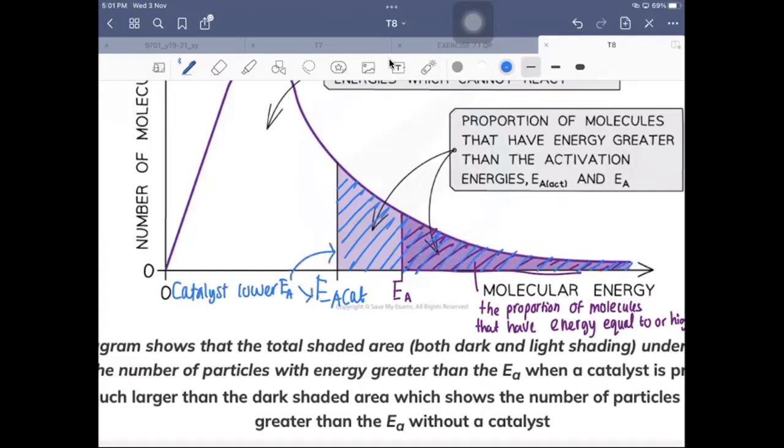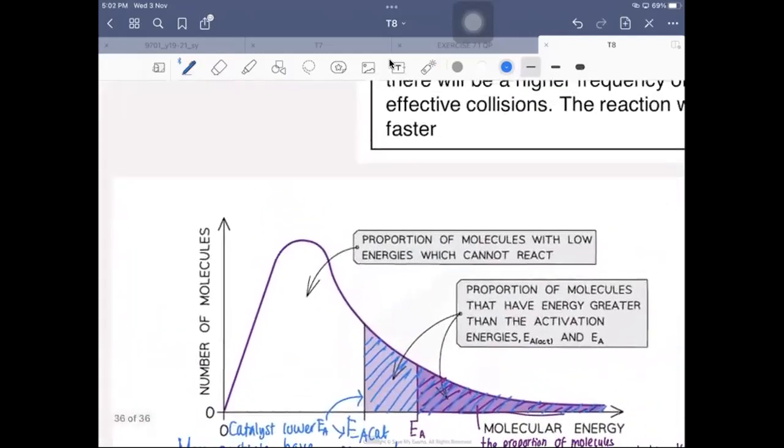That means more particles have energy equal to or greater than EA. Okay, so the explanation is here.